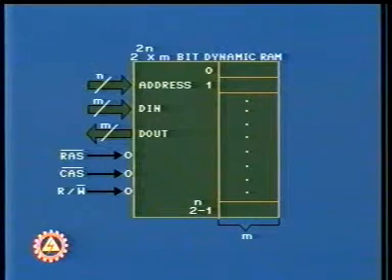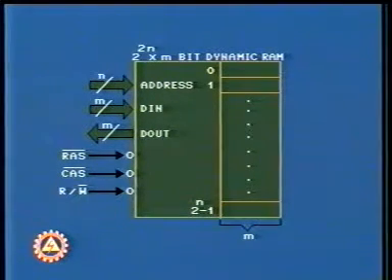To reduce the number of pins, the address RAS bar and CAS bar lines are used to address 2^2n locations. Commercially available dynamic RAM memory chips are usually single-bit registers. The row and column organization ensures simultaneous refreshing of all cells within one interval.